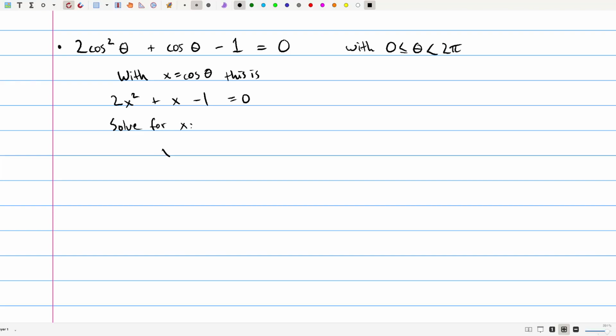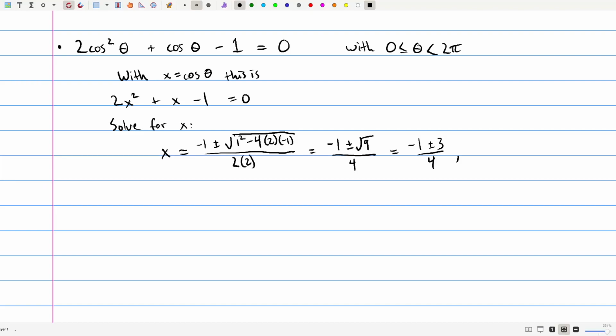And let's just use the quadratic formula. x is negative b plus or minus the square root of b squared minus 4 times a times c, all over 2 times a. So this is minus 1 plus or minus the square root of 1 minus negative 8, so we have 9. And this is minus 1 plus or minus 3 over 4.